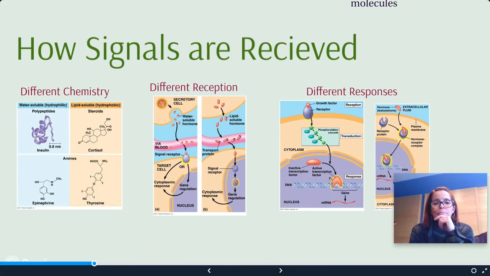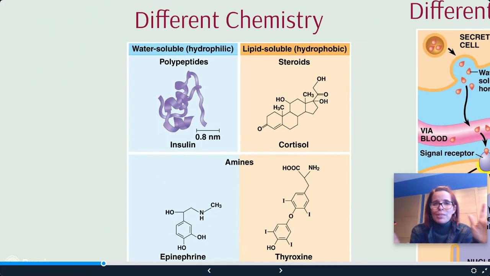Again, you don't need to know tons about this, but I just want to give you some ideas. The ligands, the messengers, the signal molecules, whatever you want to call them, are all a little bit different. Some of them are polar, some nonpolar.